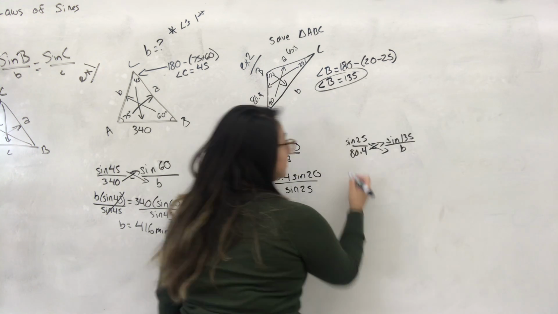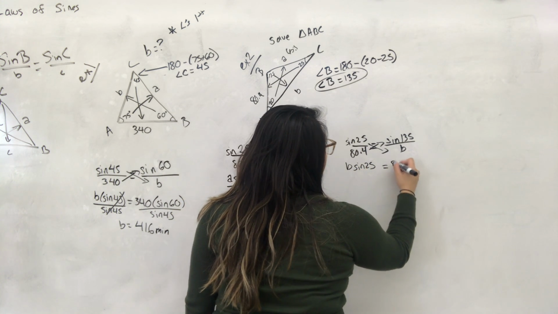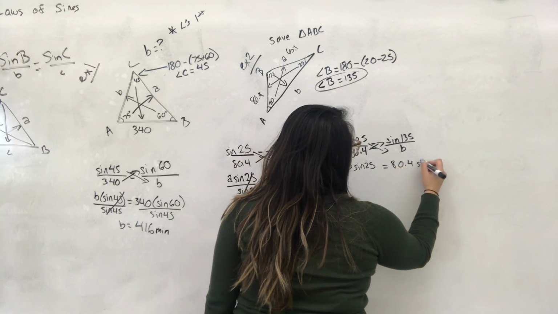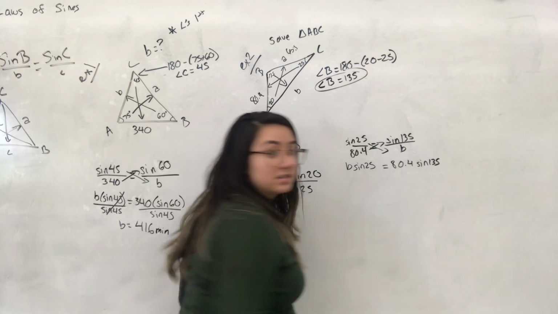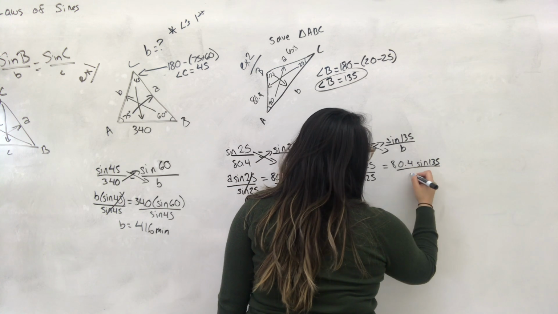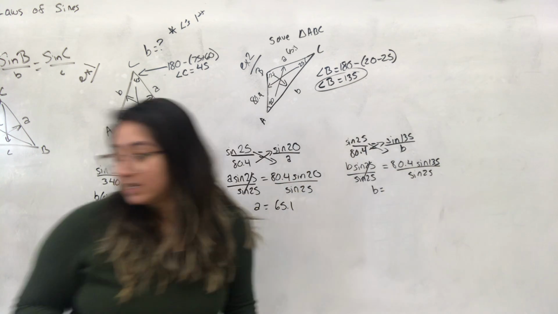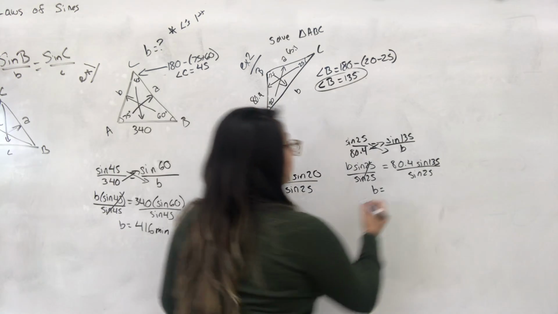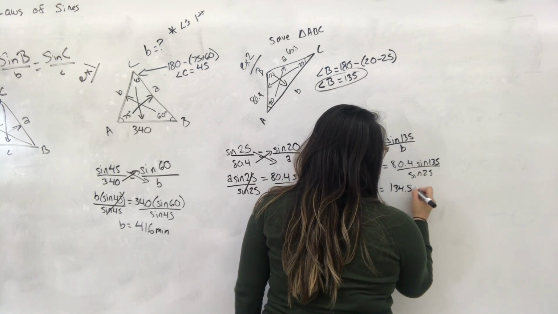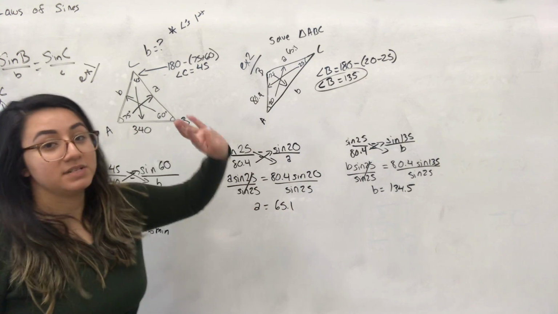So now, b times sine of 25 is equal to 80.4 times sine of 135. To get b by itself, divide both sides by sine of 25, and you end up with a number that is about 134.5. It's going to round on average there, and that's finding all three of your missing parts.